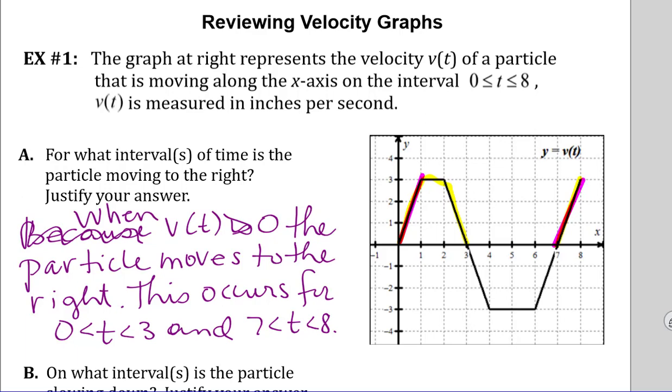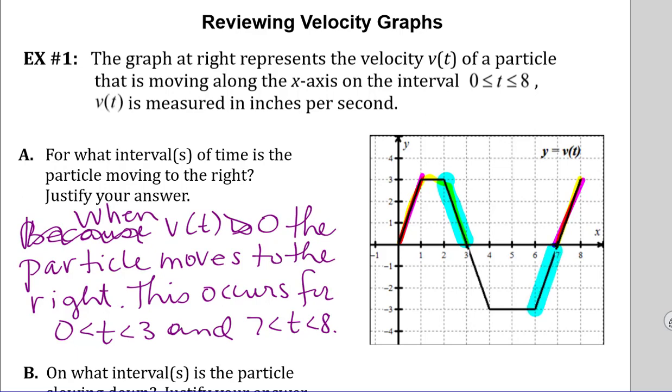We have a problem when velocity is positive and the acceleration is negative or decreasing. Well, the rate of change of velocity is decreasing. And so we've got that happening here. Okay, and then when velocity is negative, which it is below the x-axis, but my rate of change is positive, so that's right here.